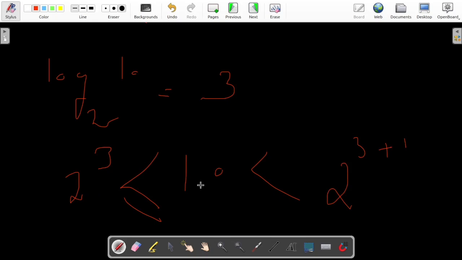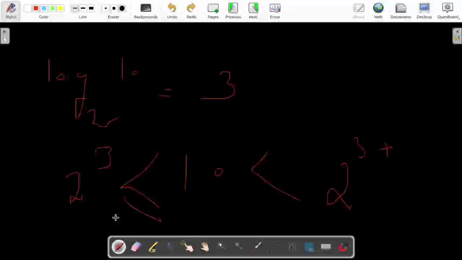Now, for perfect powers of 2, sometimes it may happen that instead of this 10, we get a perfect power of 2. So this will come out to be 4, and you will write here a 4. So that's why we use the equal to sign, but not always will we get a complete power of 2.